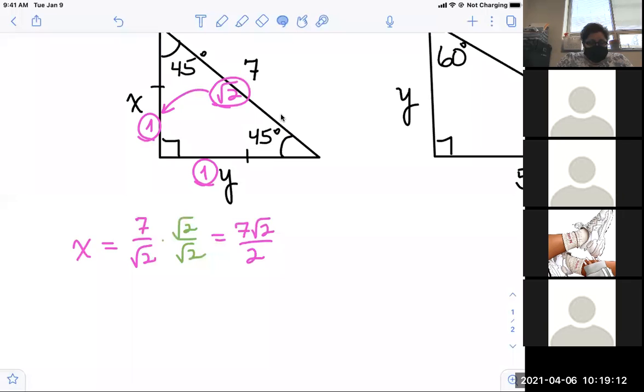Yes, it's actually okay to put 3.5 root 2. You never want to round, but because 7/2 is 3.5, it's perfectly fine to call that 3.5 root 2. Sorry, that looks terrible. 3.5 root 2. And obviously x and y are the same value, so y and x are both 3.5 root 2.